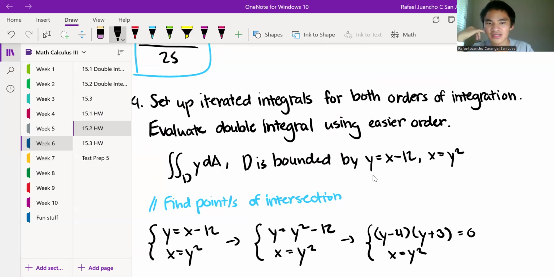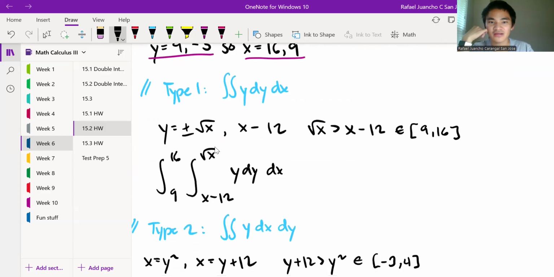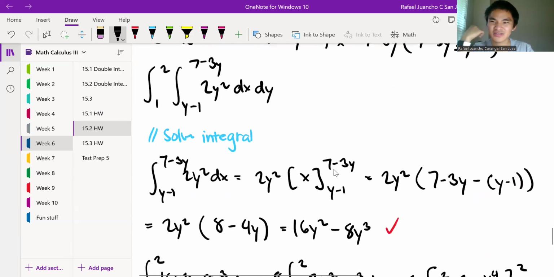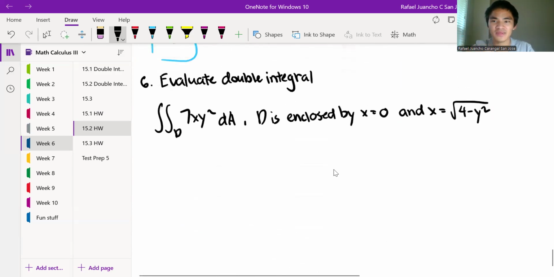Right? So again, it's this idea of finding points of intersection and then determining the type and then seeing which one's easier. So let's try to follow that pattern, yeah?